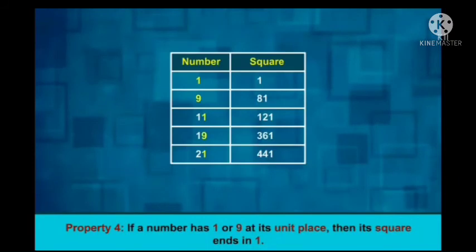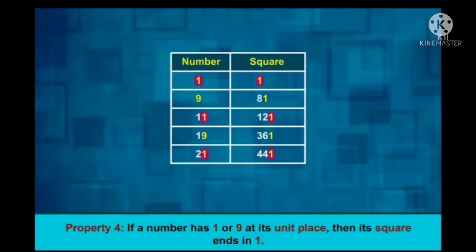Now let us move to the next property, which is an extension of this property only. You can look at the numbers 1 and 9. The squares of these numbers will have 1 at their units place, that is an odd number.